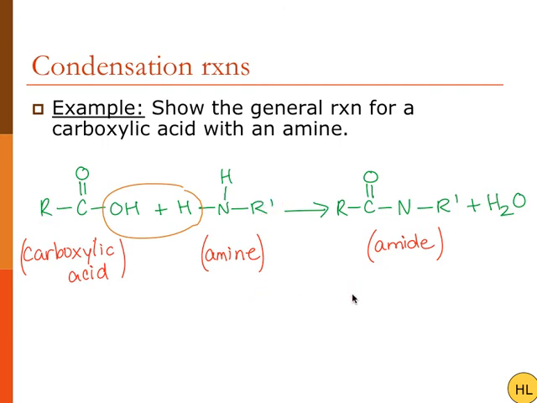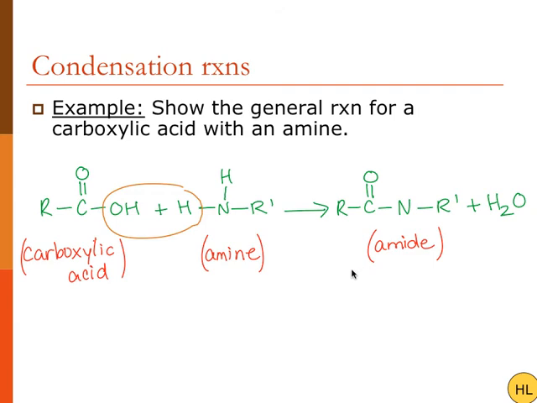What this allows us to do is focus on the reaction that we're concerned with, and that is the one between this carboxylic acid and this amine in this particular example, where these two functional groups bond, forming water, and then I will form an amide.